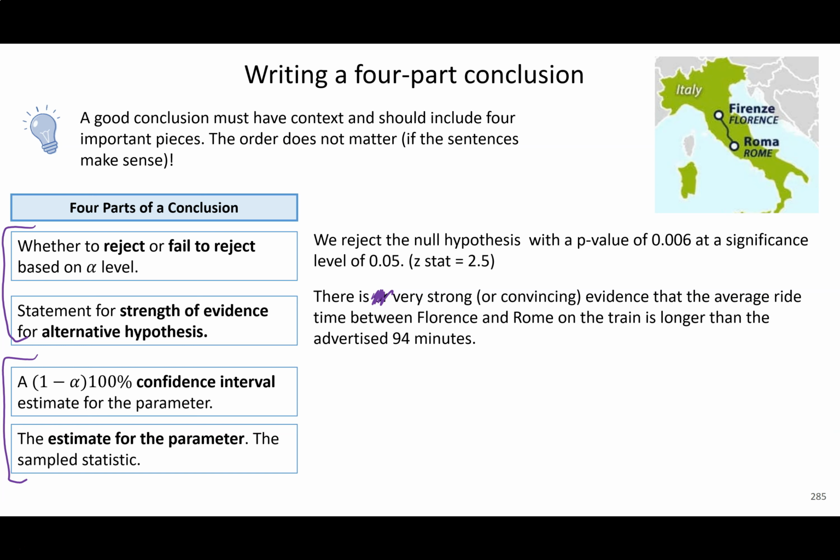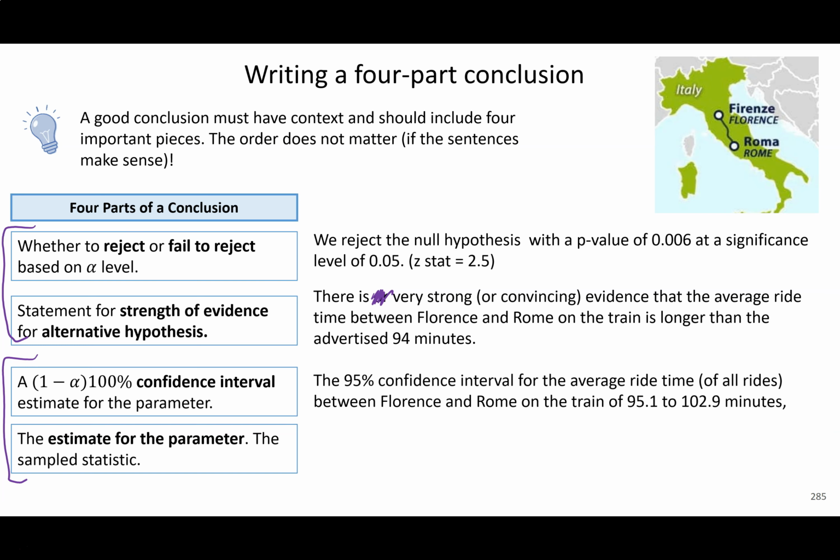We didn't do this particular part in the slides, but feel free to check it. The 95% confidence interval for the average train trip time for all rides between the two cities is 95.1 minutes to 102.9 minutes with a point estimate of 99 minutes. This is just X bar from the sample. So that would be my 4-part conclusion. And you'll see on the data analysis for this week, we will ask for a 4-part conclusion.